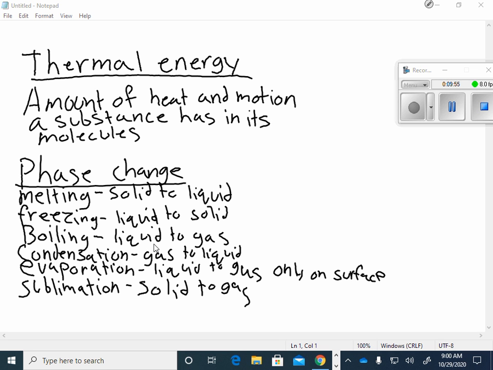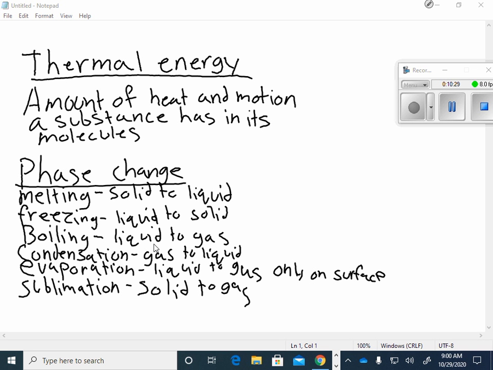So different substances have to give away a lot more energy to become solids, and other ones, not as much energy. Metals, in order to get them to liquids, often, depending on the ones, you have to get upwards to like 2,000 degrees Fahrenheit. And so it really just depends on the substance and its molecules and the way that they're formed.